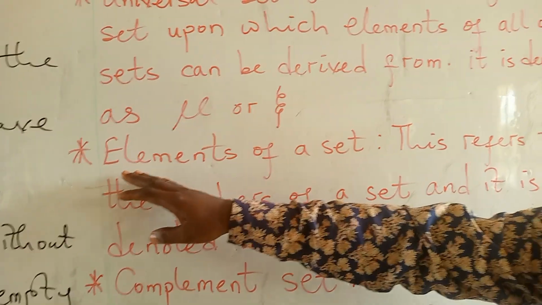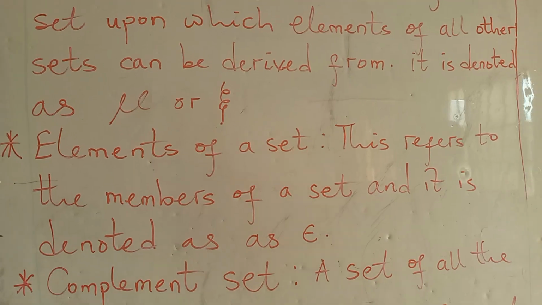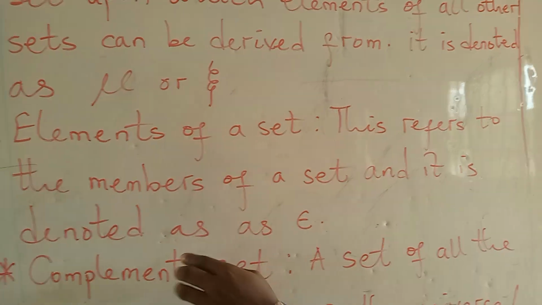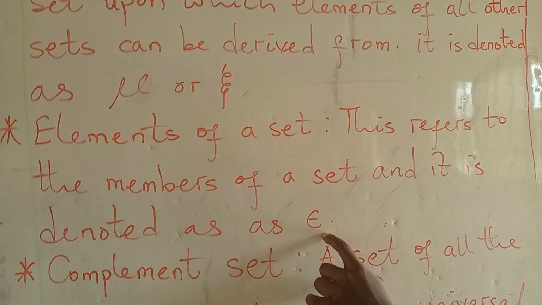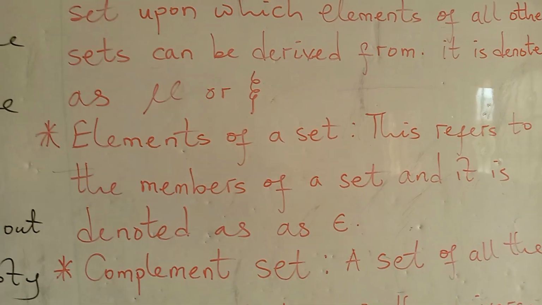The next term we want to define is elements of a set. Elements of a set refers to the members of a set, and it is denoted as this.